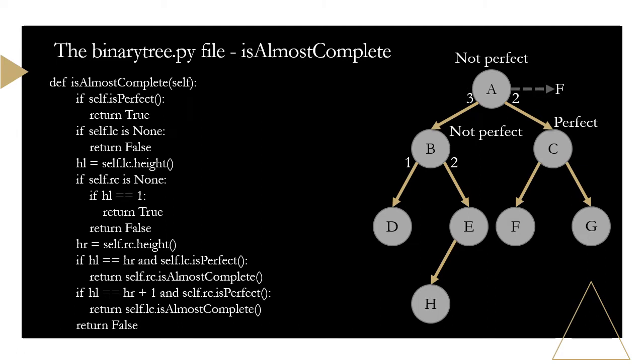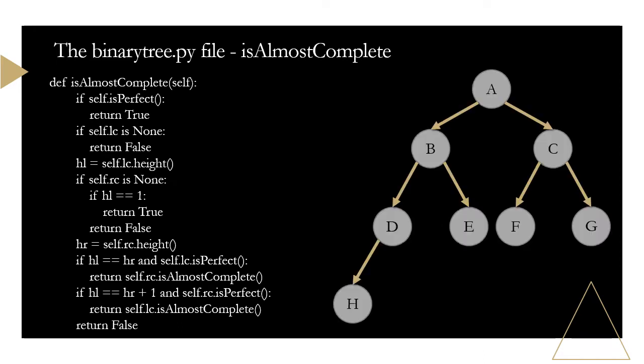So A returns F, which is the correct response because this tree is not almost complete. It is not filled in such a way that no gaps are present. You can see that the node containing D does not have any children. So there are two gaps and then there is H. And this tree is not almost complete.